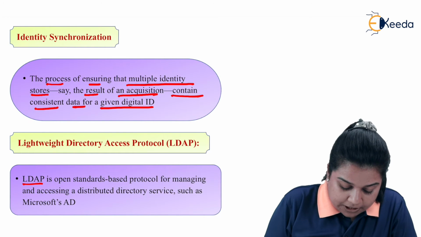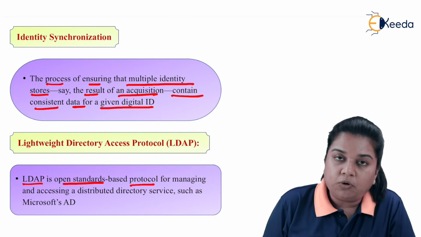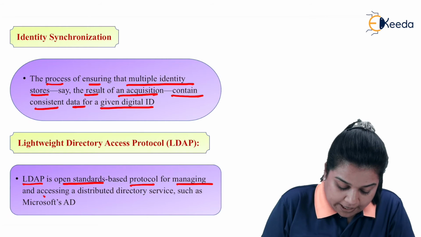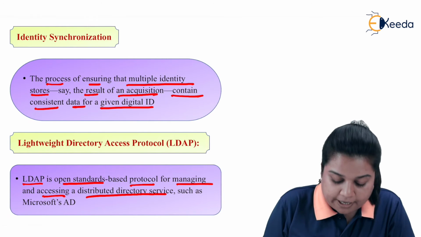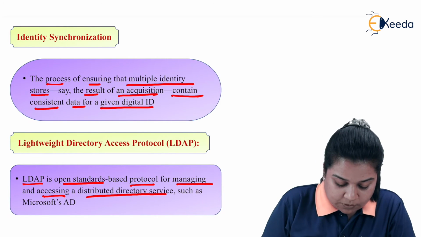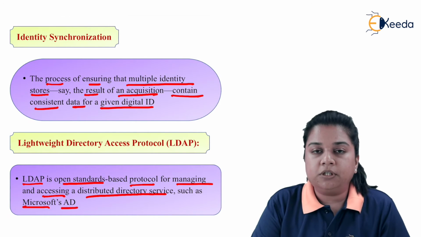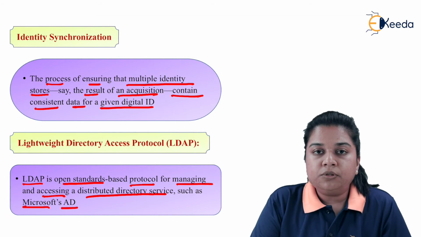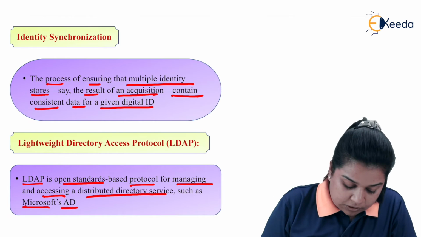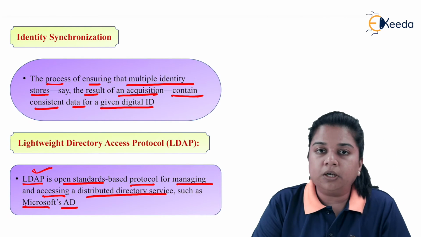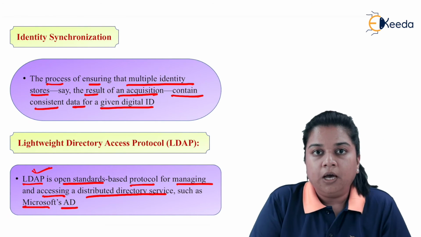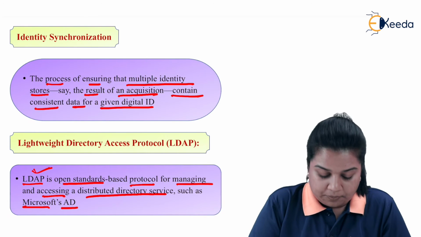LDAP is an open standard based protocol for managing and accessing a distributed directory service such as Microsoft's Active Directory, or when you are using Google email services, then also this LDAP protocol is working there. It is managing the directory names and addresses there.